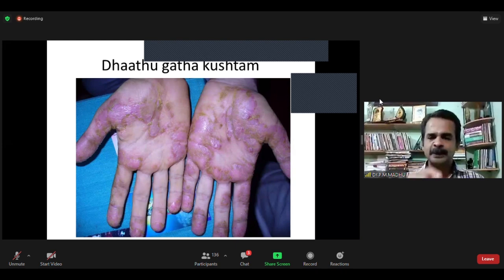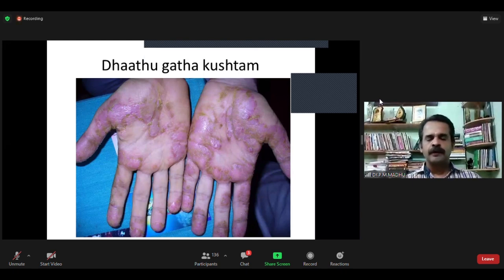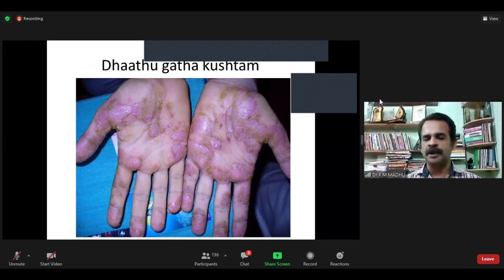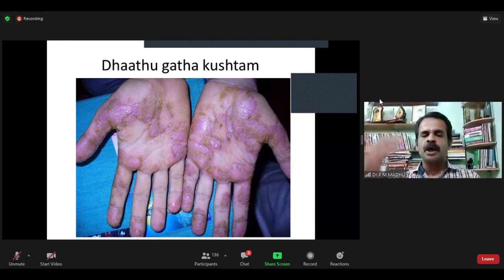This is palmoplantar pustular psoriasis. In palmoplantar pustular psoriasis, if we treat the patient with various drugs detailed in Ayurveda, there will be some symptomatic relief only. If we have to reverse the pathology completely, we have to identify the Dhatugatatva of the Kushta, and we have to identify the drugs detailed in the Prakaranas.